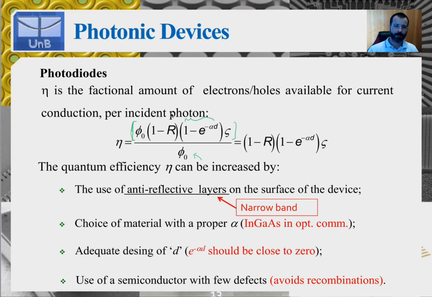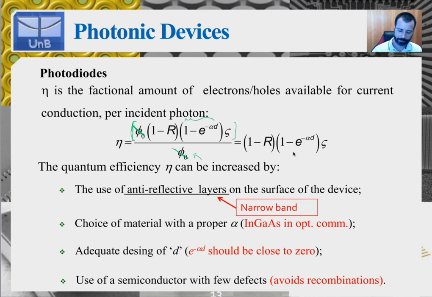If you consider all of these loss mechanisms, the reflection, the fraction that is absorbed, and the fraction that is not absorbed, and loss due to recombination, and so on, the quantum efficiency will be this divided by the actual photon rate impinging on the device. So this cancels out this guy right here, and we see that eta is 1 minus r multiplied by 1 minus e to the power of minus alpha d multiplied by zeta, right?